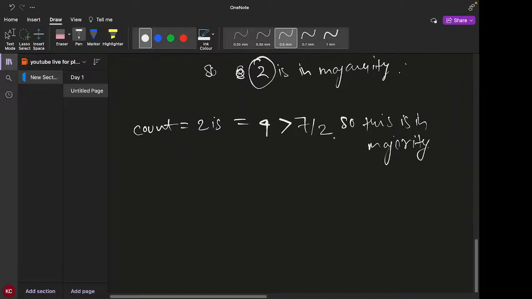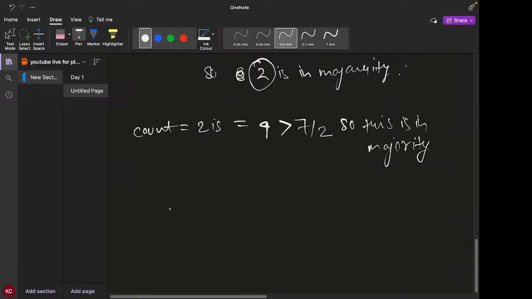Let's take an example to prove it. If the array is 2 1 1 1 5 5 2 2.